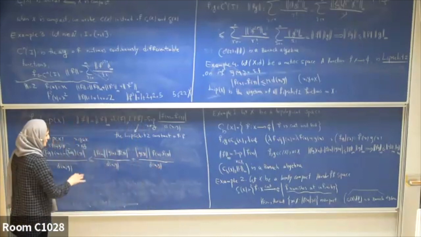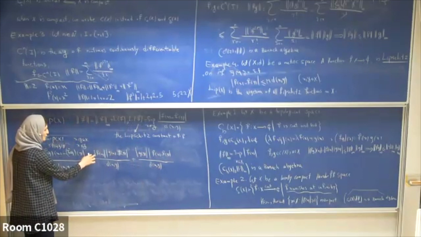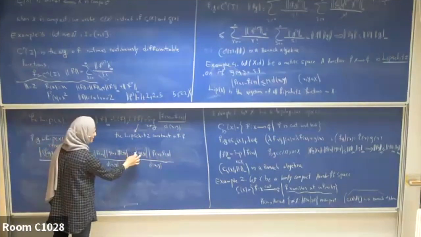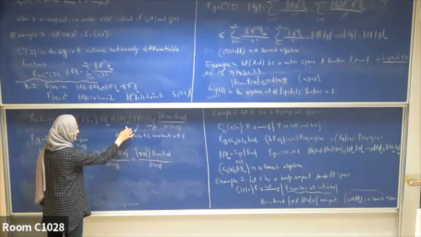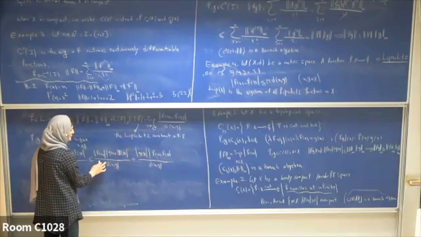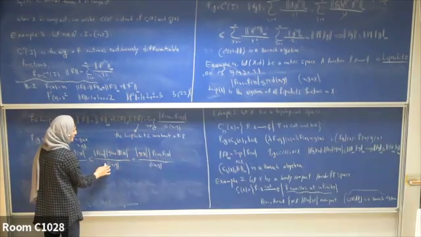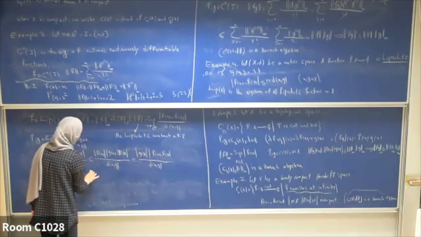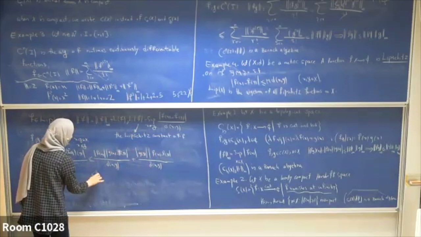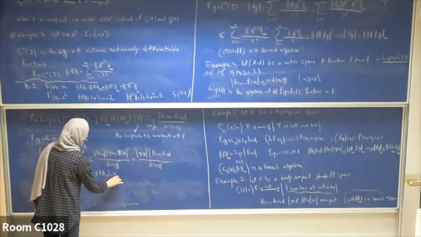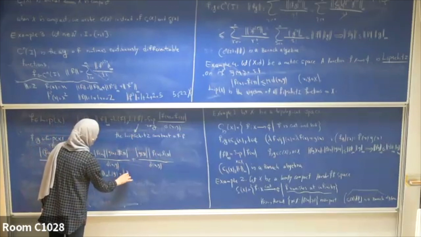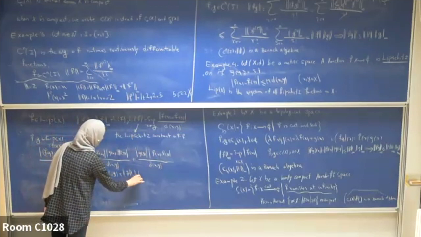According to the definition of the sup norm, this is at most the sup norm of f, and this one at most the sup norm of g. And this one is at most the Lipschitz constant of g, and the other one the Lipschitz constant of f. So finally, we get the sup norm of f times L(g) plus the sup norm of g times L(f).